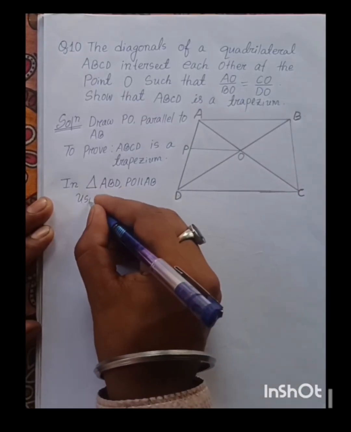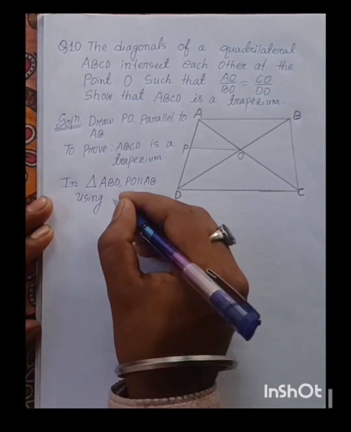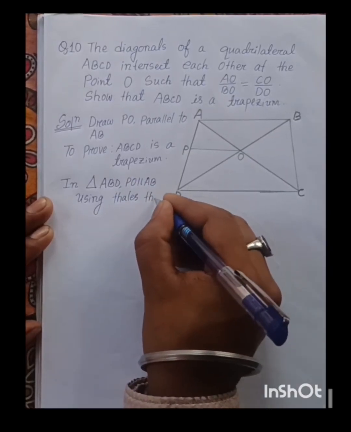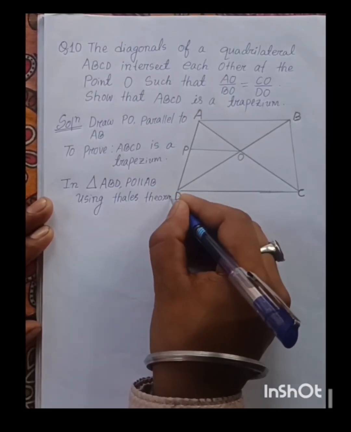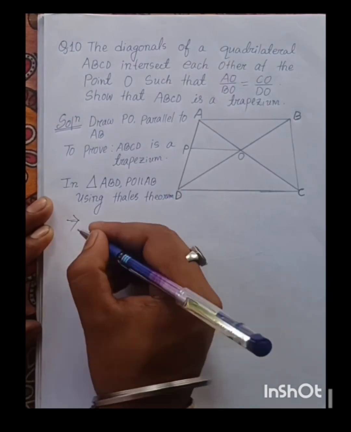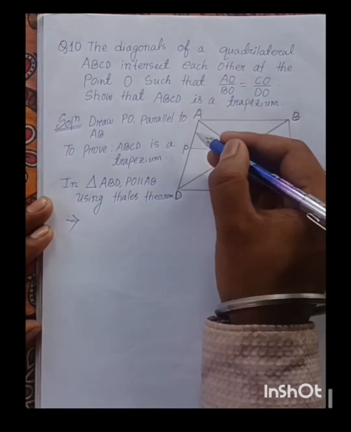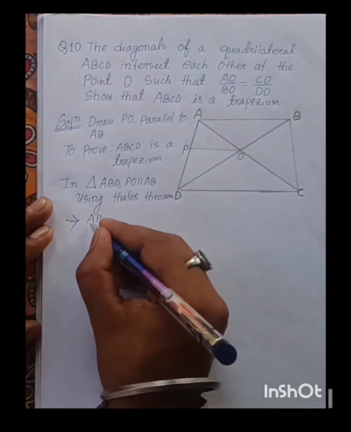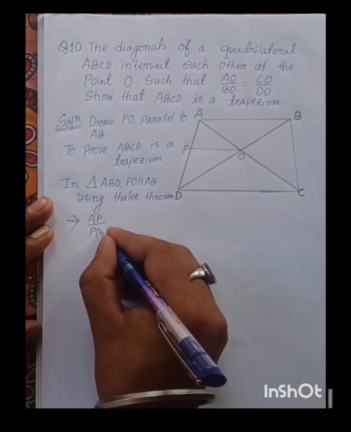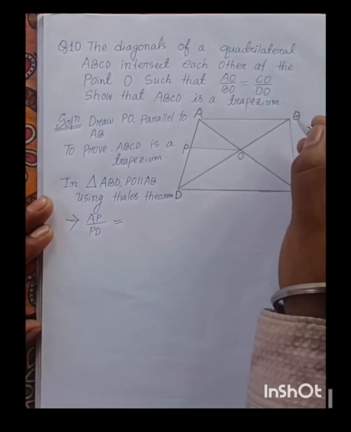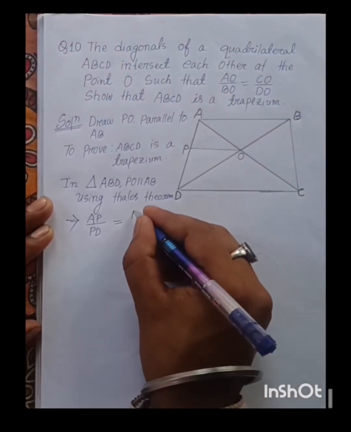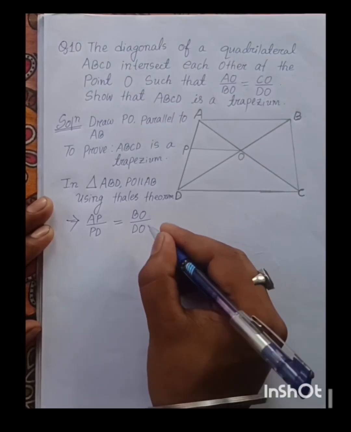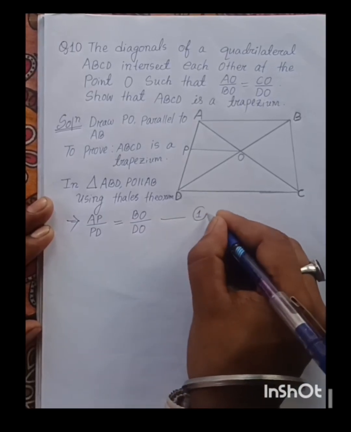So using Thales theorem, then I can write AP by PD equal to BO by DO. Give this equation number 1.